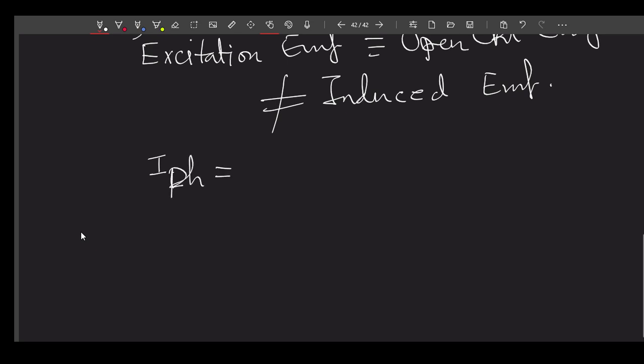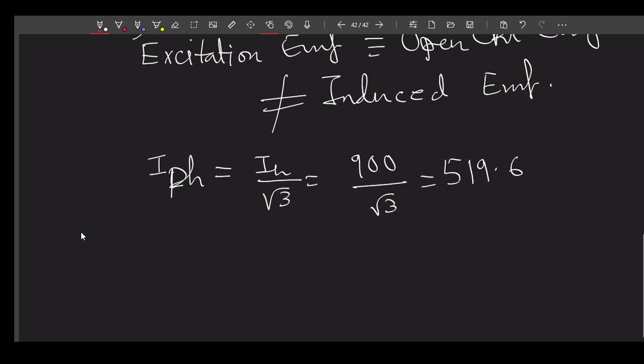So as it is delta connected, the phase current will be IL by root 3, that will be 62 ampere.